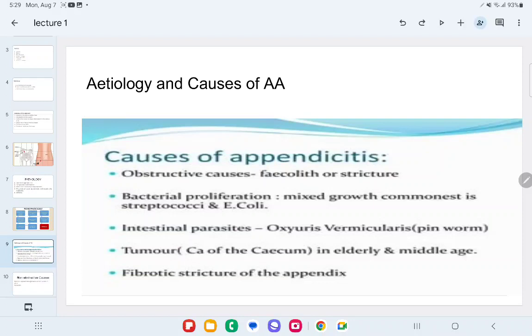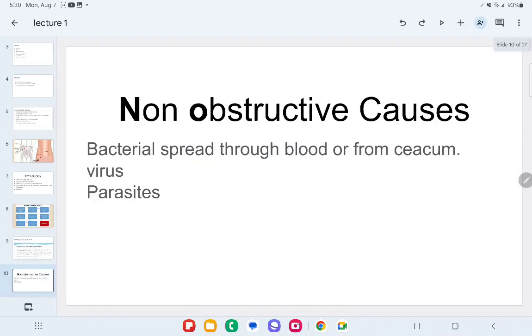As we have said, an intestinal parasite like Oxyuris vermicularis can obstruct the lumen of the appendix. Tumor in elderly patients, like carcinoma of the cecum, can happen. Fibrotic stricture in older age can occur and lead to obstruction.